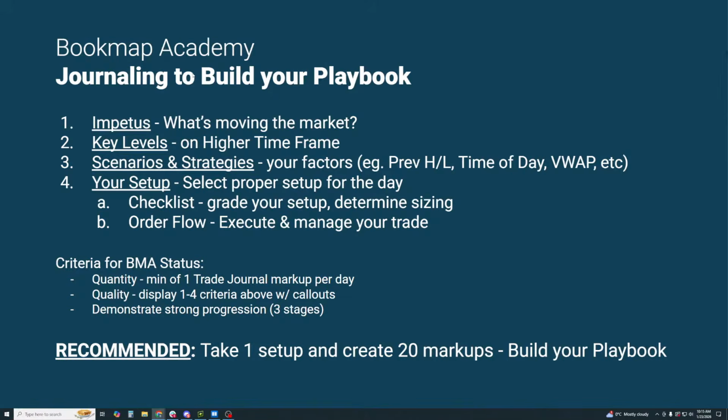Our Bookmap Academy, I'm sorry we couldn't meet yesterday, but this is the process we go through in here. Top-down approach: the impetus, what's moving the markets, understand what's happening out there and what's the reaction to the impetus from the market sentiment. Then we look at our key levels, and then finally we develop some strategies and scenarios around those key levels.